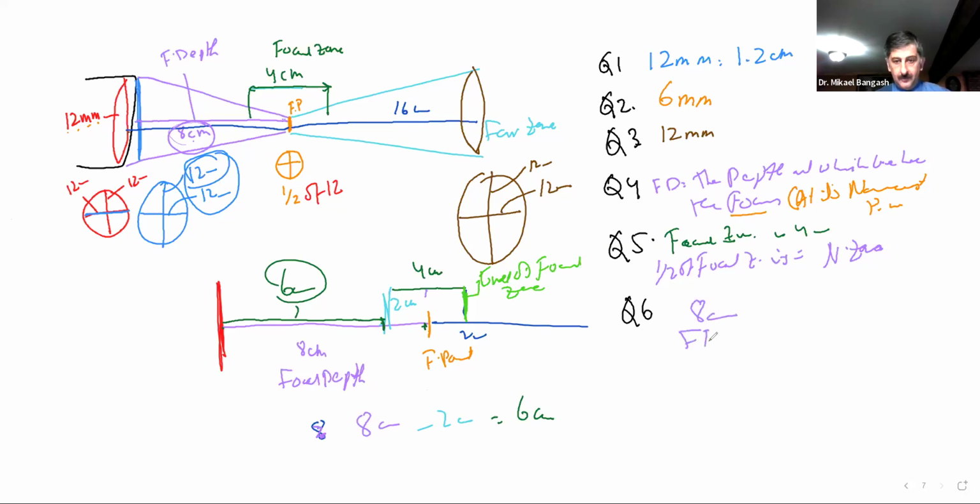That was your focal depth. But we also say that our focal zone was 4 centimeters, and half of that falls into the far zone. So what's half of 4? That would be 2.